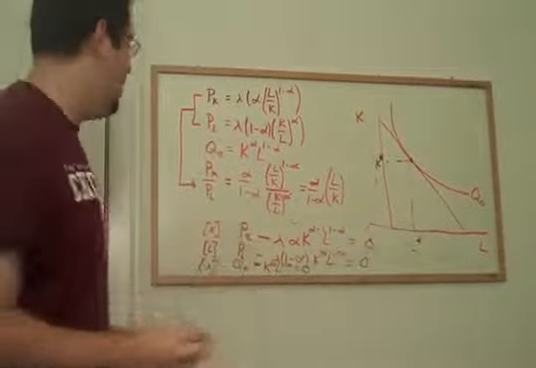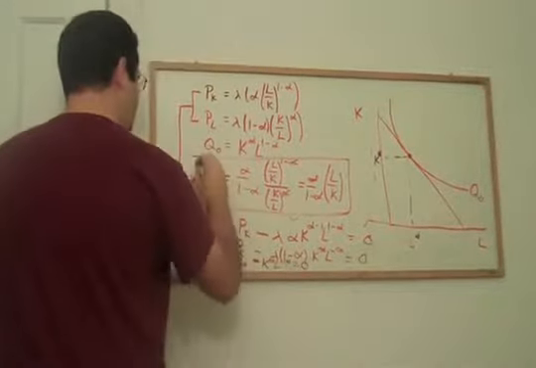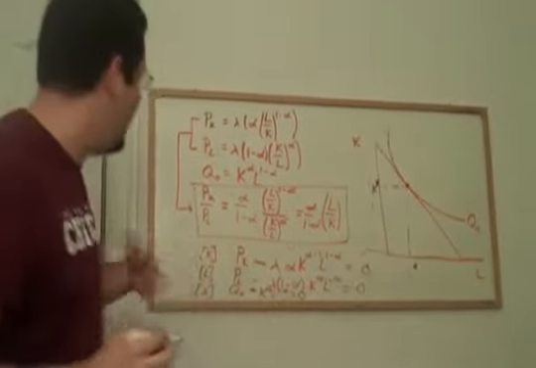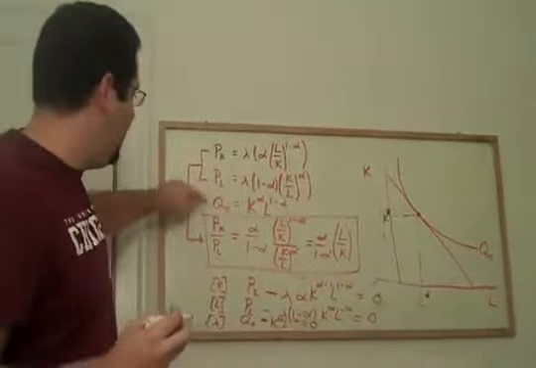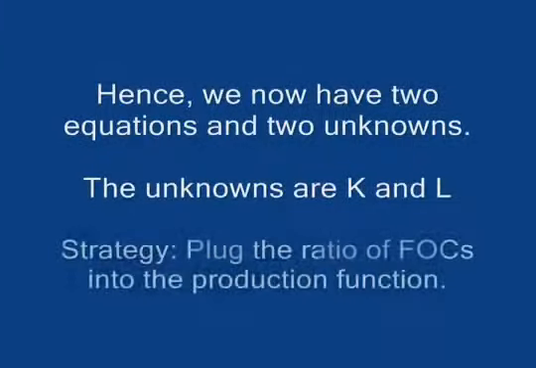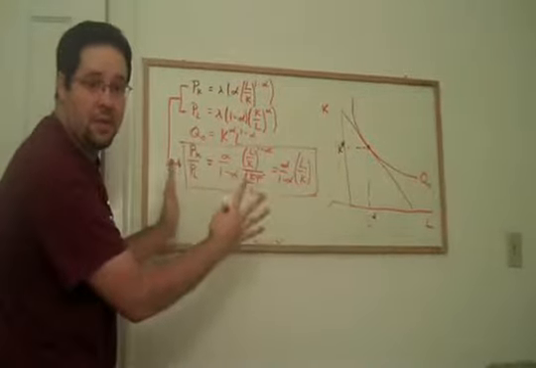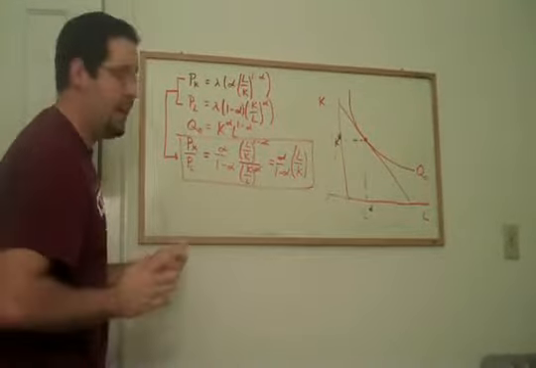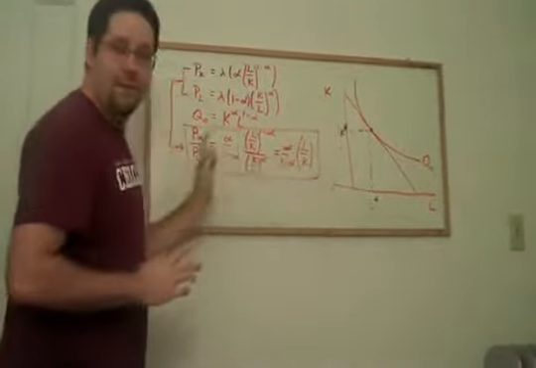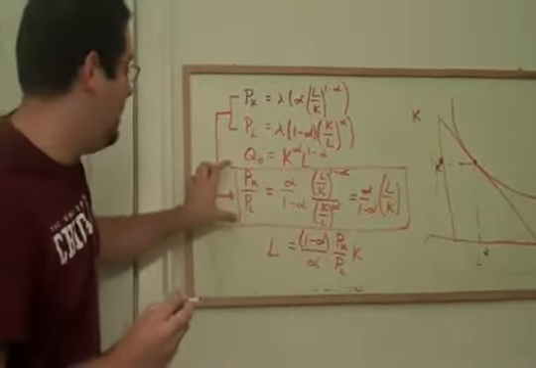Now this is a pretty simple relationship here between L and K. I have another relationship between L and K that is given by the production function. I'm going to take this equation that's in this box and I'm going to rewrite it as L as a function of K. That's this equation rewritten.